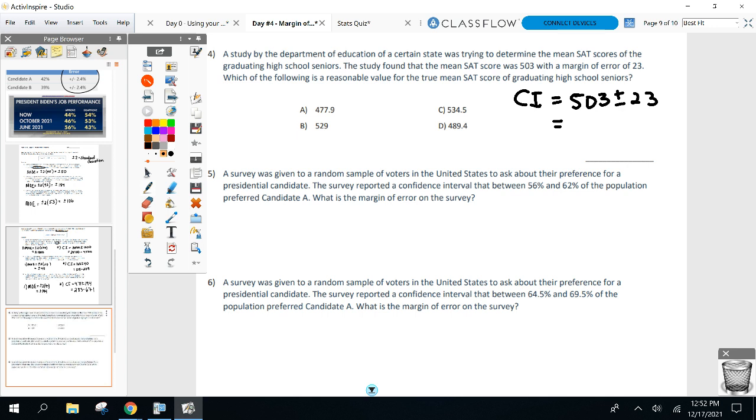So the true mean should be somewhere between 480 and 526. And thankfully for us, only one of those values could be the true mean. It's D. How? 3 of them don't fit in the interval. 1 does.